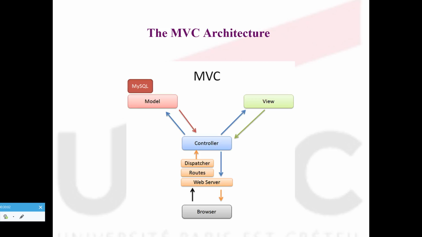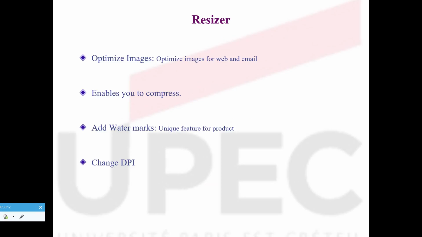Going forward, about the resizer. What does the resizer do? The resizer is used so that whenever you open a website on the desktop, or on your mobile, or in a tab, it can be accessible on every device. So usually this is the function of the resizer.